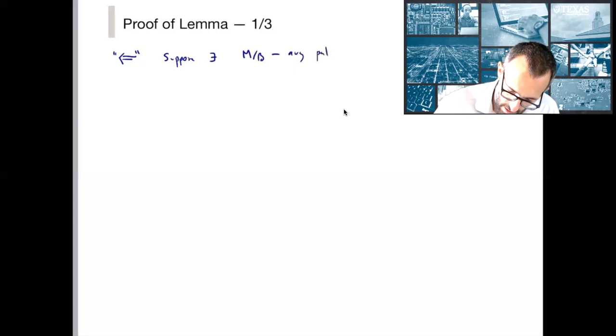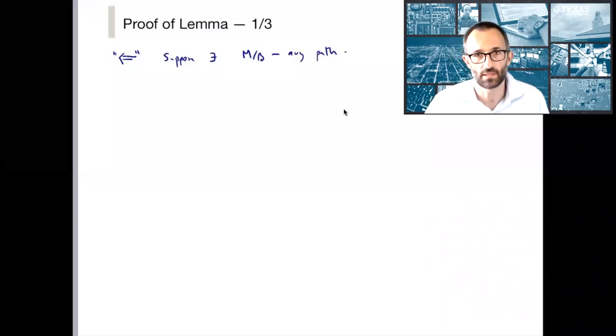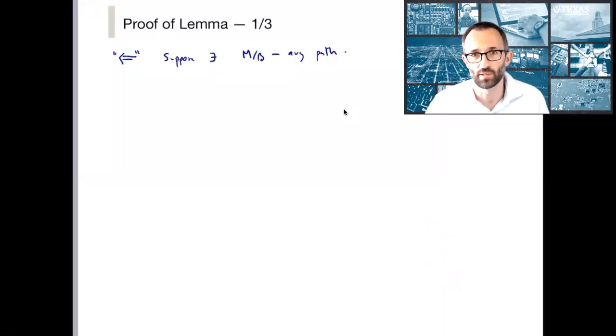Okay, so let's suppose there exists an augmenting path in the contracted graph, and if this augmenting path doesn't go through the blossom, then obviously the result is trivial because it's exactly the same. I can identify uniquely the edges in the contracted graph and the non-contracted graph.